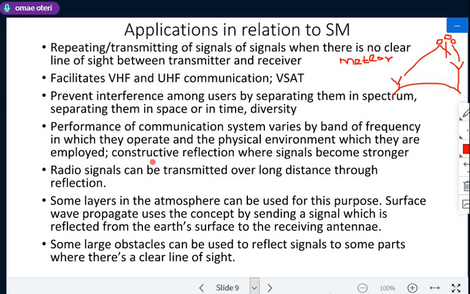That's what we call constructive interference, which will come also as a result of scattering. This one I've already mentioned, over long distances. That's exactly what's happening. Layers in the atmosphere can also do this, and I call this process ducting. So it can also happen in terms of scattering as well.